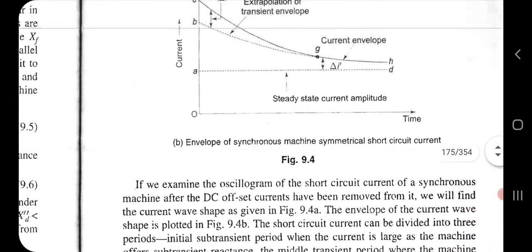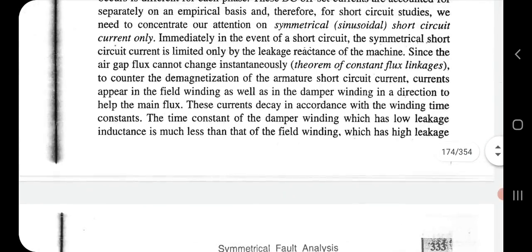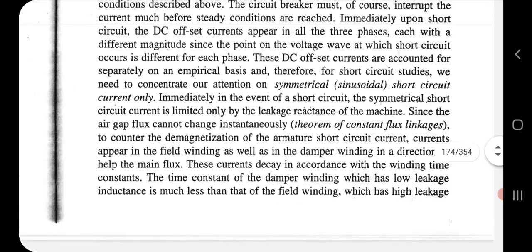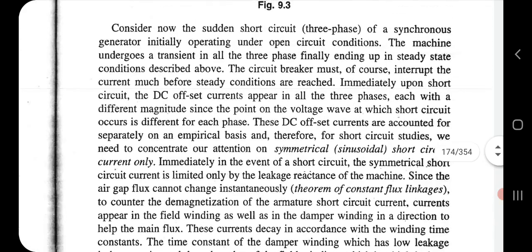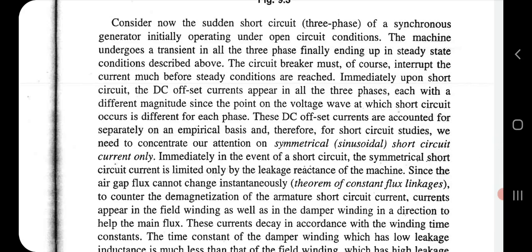Now in this one, the circuit breaker is also very important. Circuit breaker plays a very important role, because during a short circuit of a synchronous generator, there are a lot of changes. The current increases. Some DC offset current also appears in the three phases.